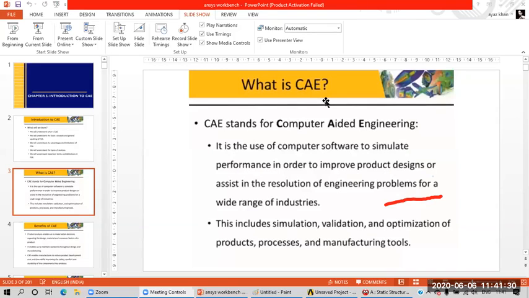Amarjeet Kumar, you want to say something? Amarjeet, are you here? Optimization means to increase the product life here. Okay. Chandan Kumar, you have raised your hand. You want to ask anything? By mistake, sir, nothing.